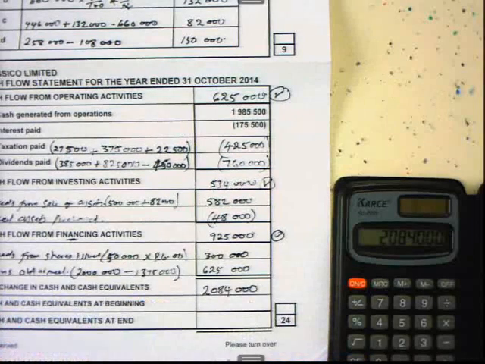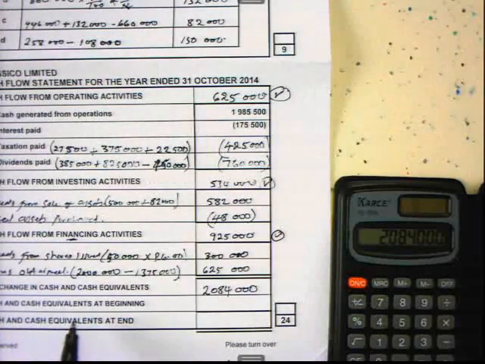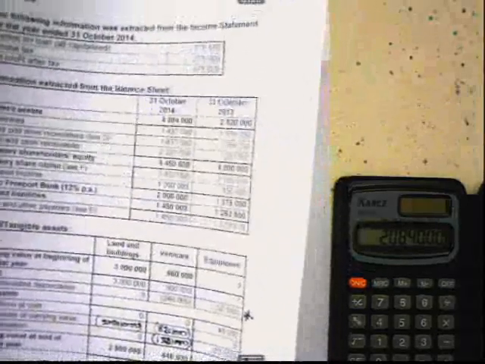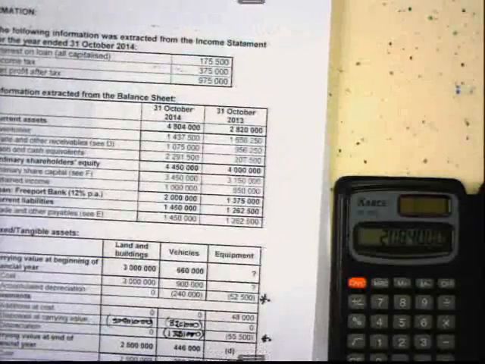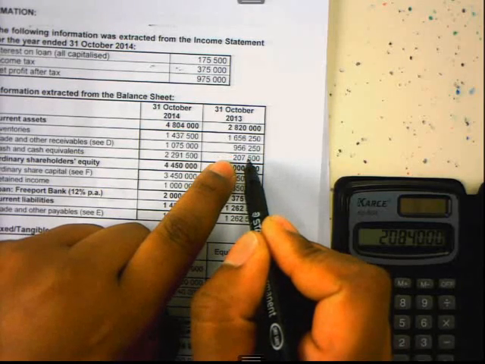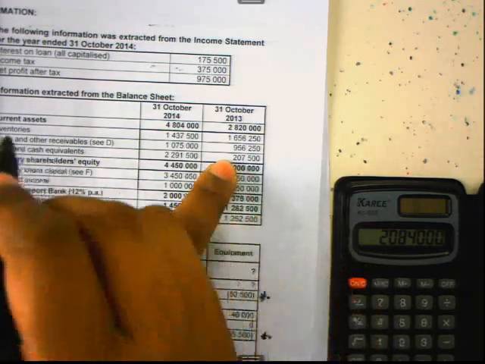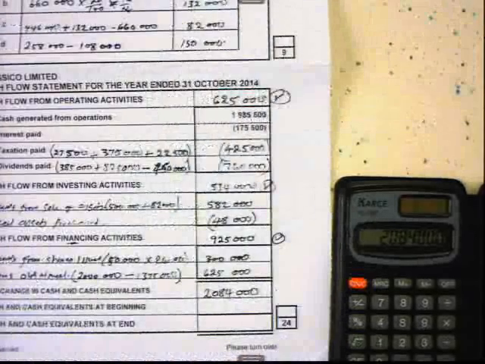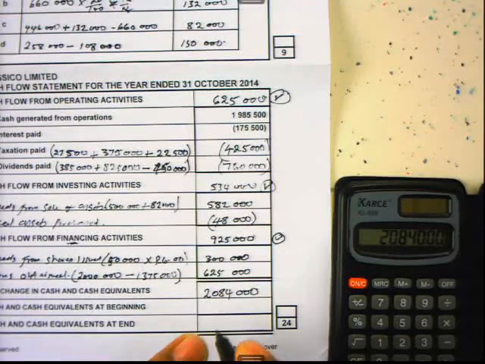Now, cash and cash equivalents at the beginning of the year. I go to my cash and cash equivalents. At the beginning of the year, do you see how much it was? 207,500, and it is under current assets.